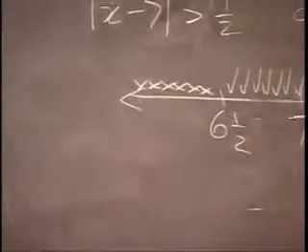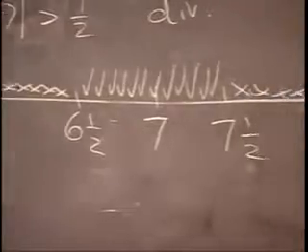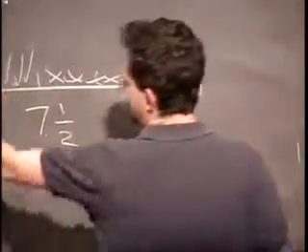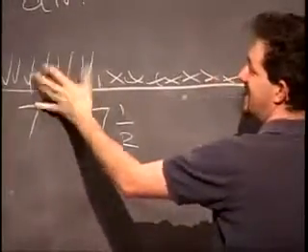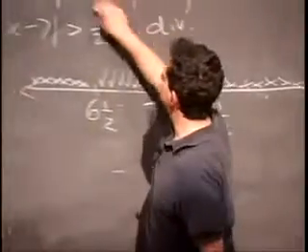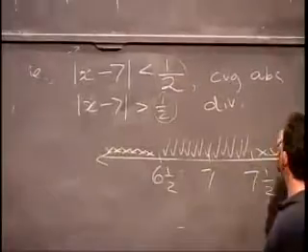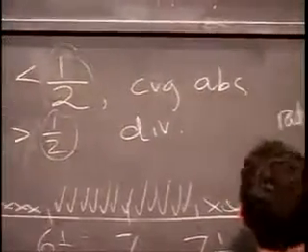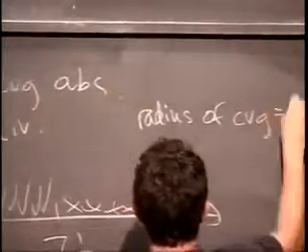So what's the radius of convergence? No, 7 is the center. 1/2 is the width of this, or the diameter is 1, but the radius is a half. And it's just this number here. So the radius of convergence is 1/2.